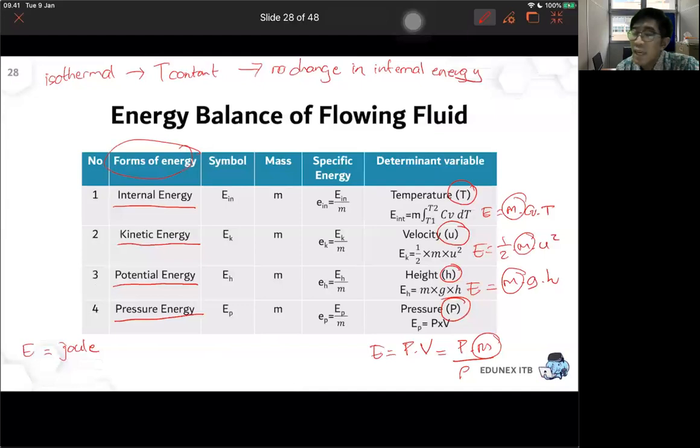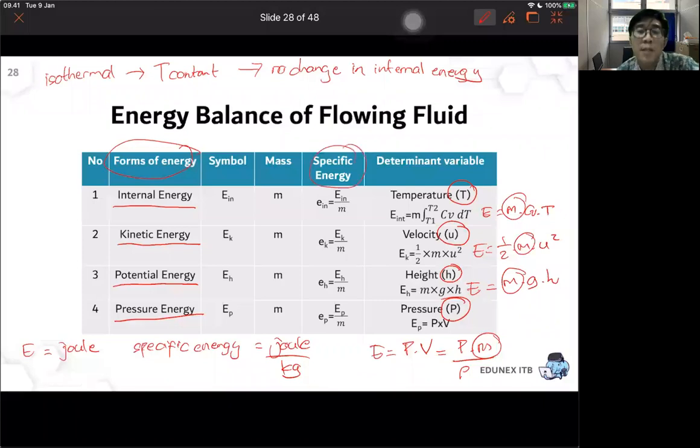So sometimes the energy can be expressed as the unit of energy divided by mass. That's called specific energy. So for the specific energy, the unit will be joule per kilogram, the standard. So you can express the energy in joules, the real energy, or as specific energy, joule per kilogram.